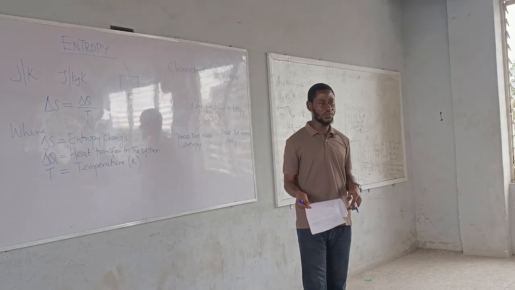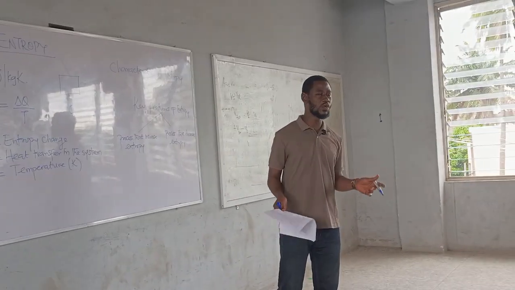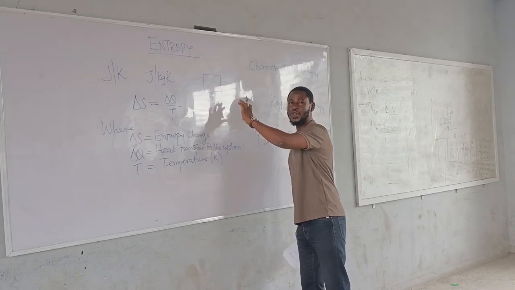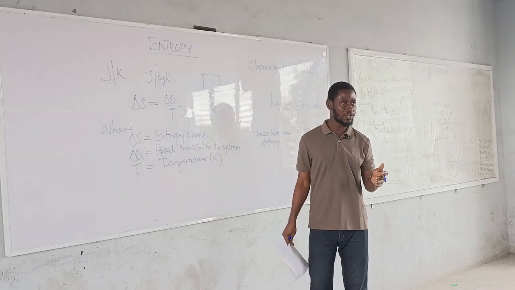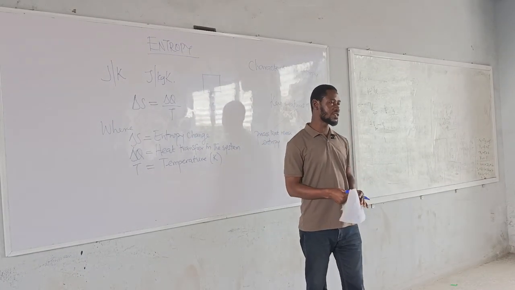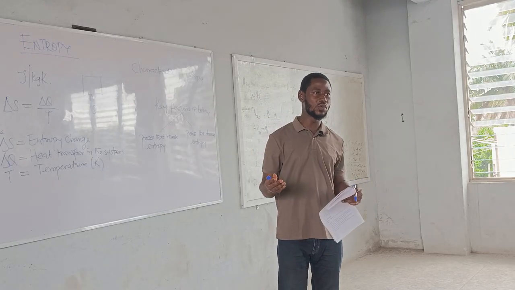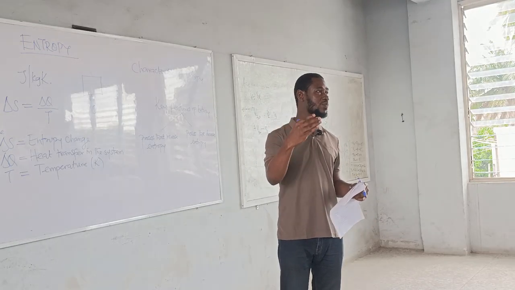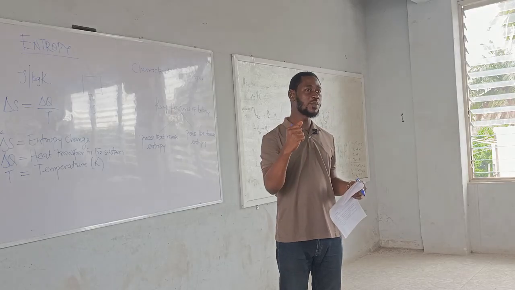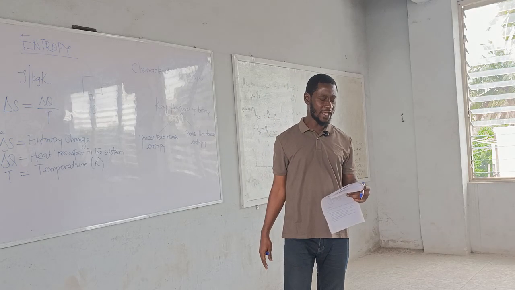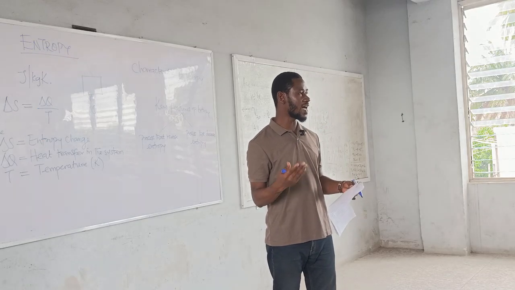Also, the second one is vaporization of liquid. When this ice changes phase from solid to liquid, and you further increase the rate at which heat is being supplied to the system, what happens to the liquid? It becomes vapor or gas. Are we together? Then the third one is mixing of gases.